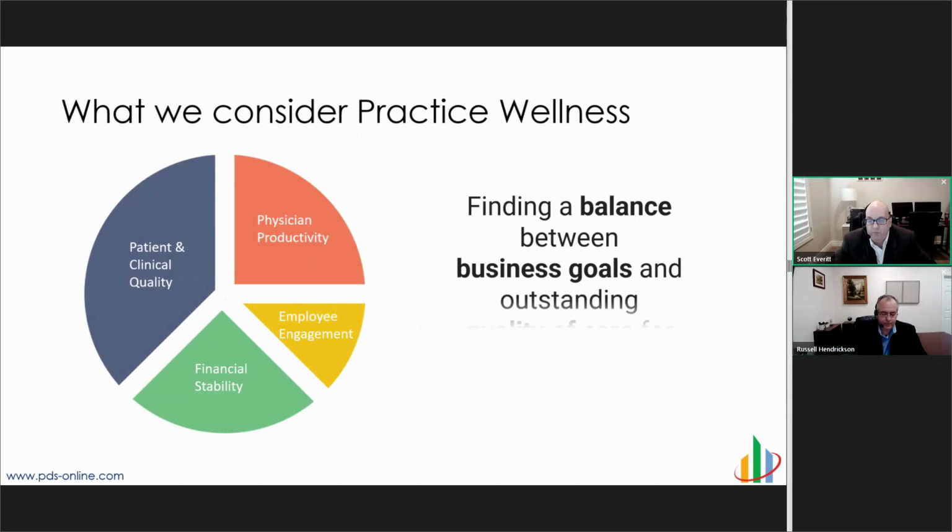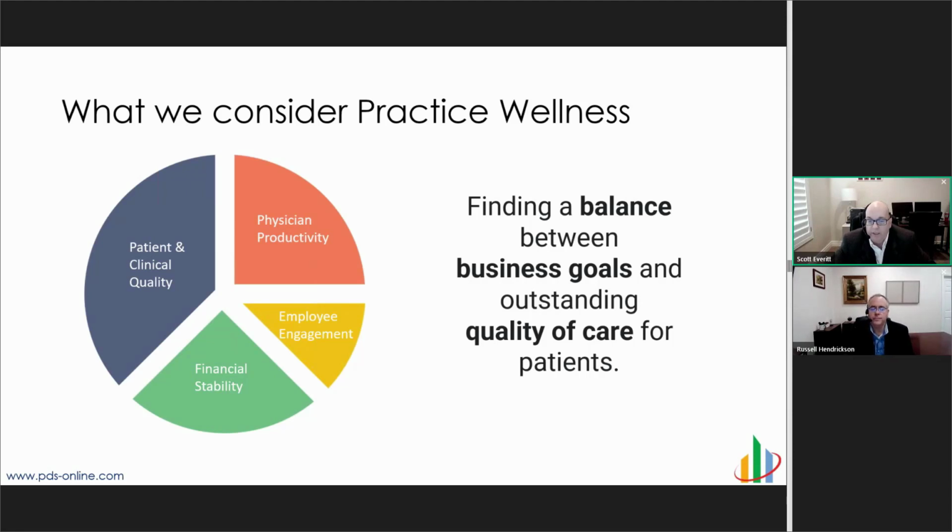As I said before, when we consider practice wellness, it's a little more than looking at one of these factors at a time, and more than just patient access, scheduling, and productivity. It's how we balance all of those at one time. Obviously, the key of any healthcare organization is the patient quality and the clinical quality they provide to their patients.